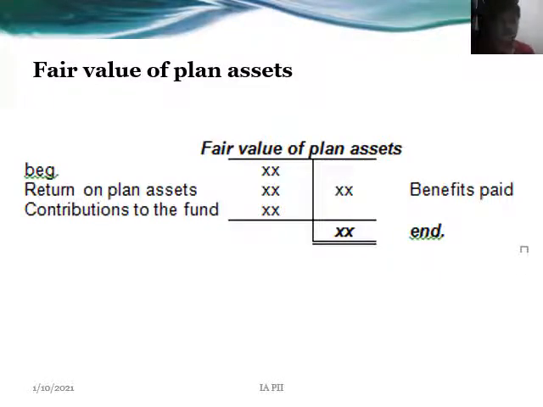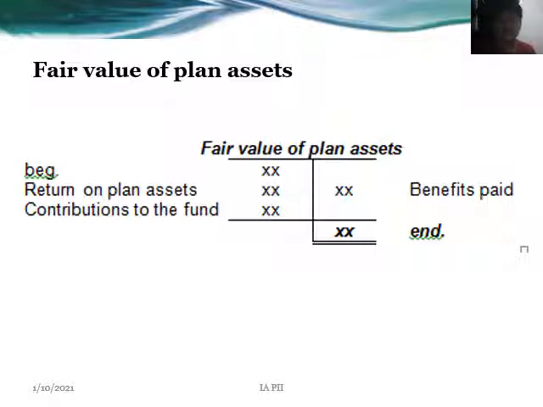No? So, ulitin natin. So, i-debit mo ang return on plan assets. I-debit mo siya sa fair value of plan assets. Then, yung contribution to the fund, syempre madadagdagan niya ang assets kasi nag-contribute na naman sila sa fund. And then, ibabawas mo yung benefits paid, yung binayaran niya.